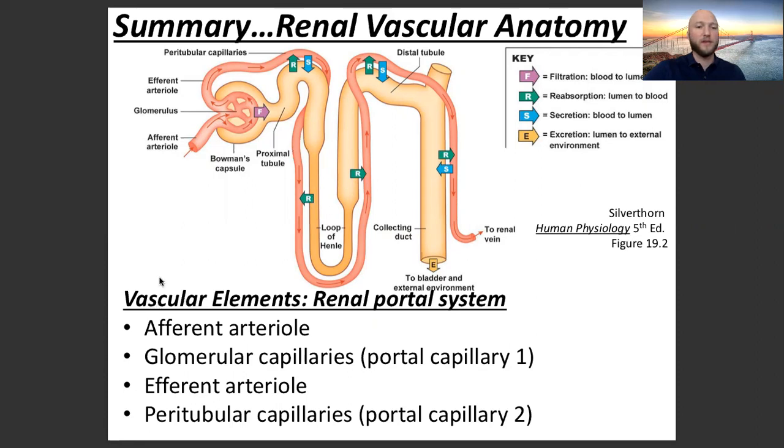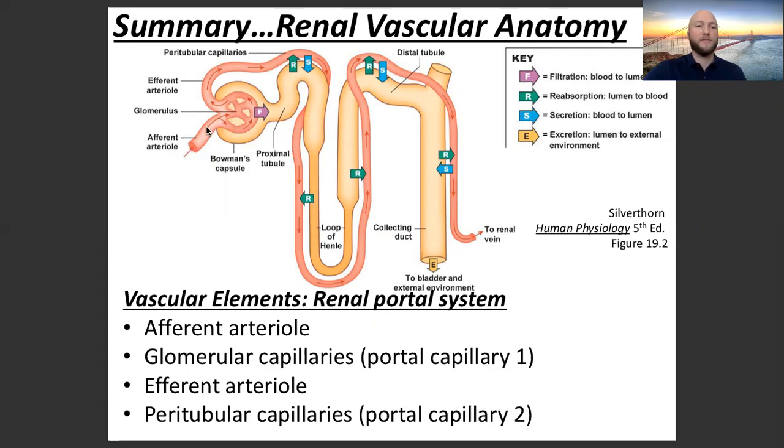So we've got this capsule right here called Bowman's capsule. Within Bowman's capsule, we have a capillary bed, and this is a special capillary bed. It's called the glomerular capillaries or the glomerulus.